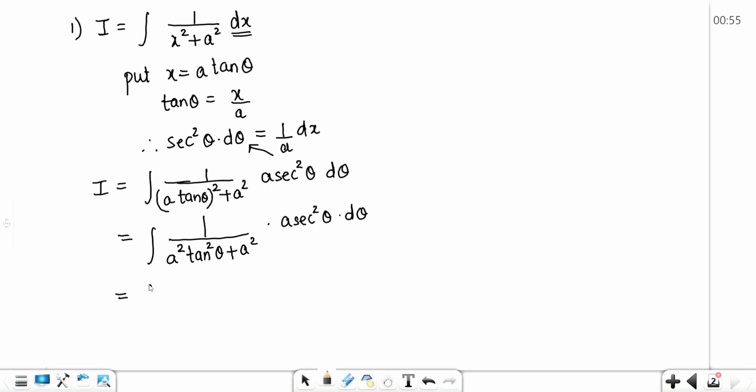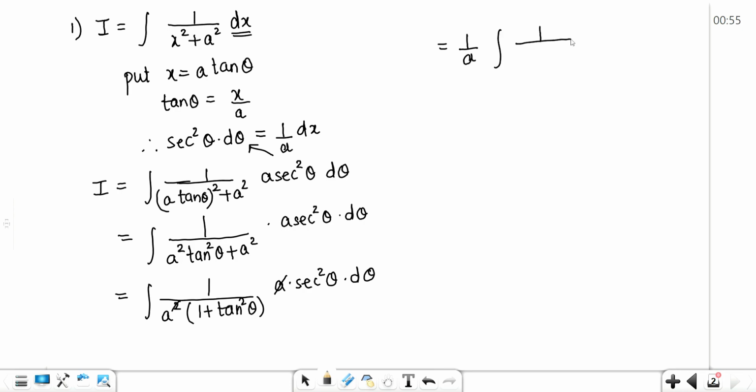What you can do is take a square common, so you are left with 1 plus tan square theta, and a sec square theta d theta. You can just cancel this single a, so we are left with 1 a in the denominator, that gives you 1 plus tan square theta in the denominator and sec square theta in the numerator.